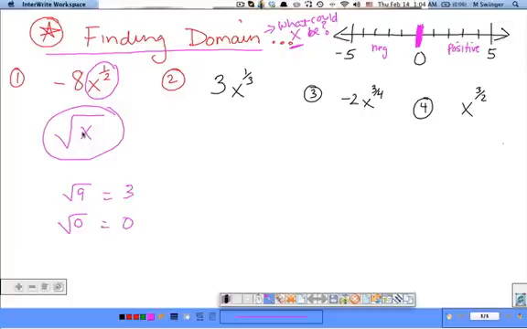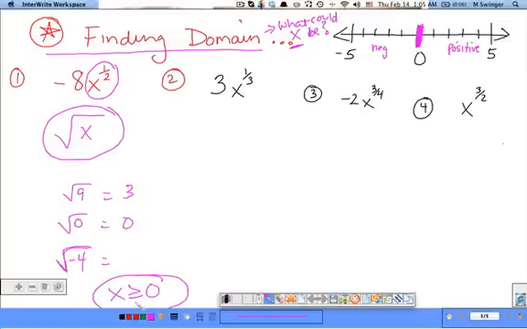Could x be negative? Right there. Pick any negative number. Square root of negative 4. That is an imaginary number. You can't have the square root of a negative number. So therefore, x cannot be negative. So I kind of X that out and say, well, what could x be then? If it can't be negative, it could be 0, could be positive. So if you want to write it, you could say x is greater than or equal to 0.